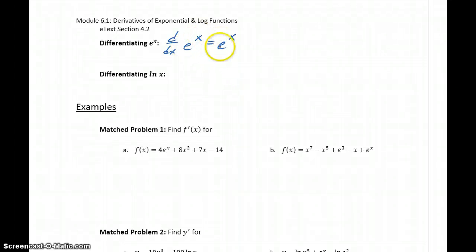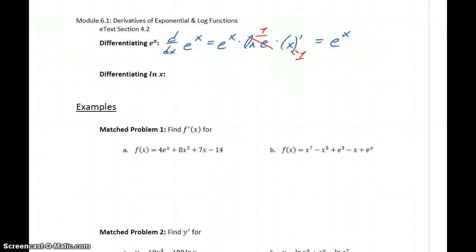Whatever the base is to the x power, that function just remains unchanged, times the natural log of whatever our base is, times the derivative of x. So the derivative of x, we have that well established. That's always just going to be 1. And the natural log of e is just going to be 1. So the derivative of e to the x is just e to the x.